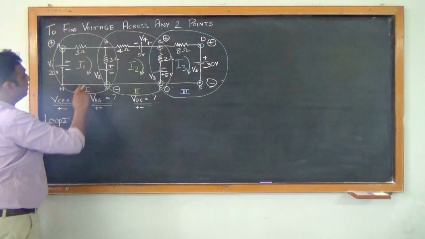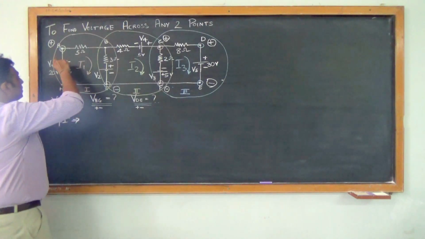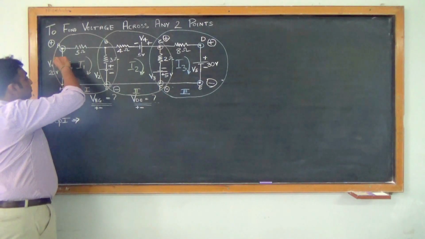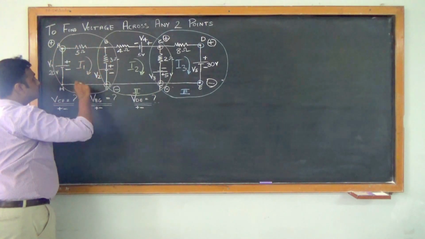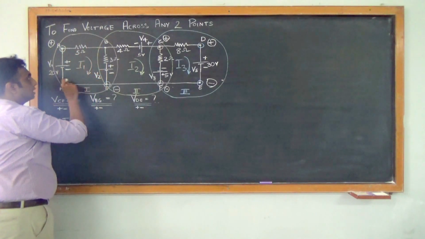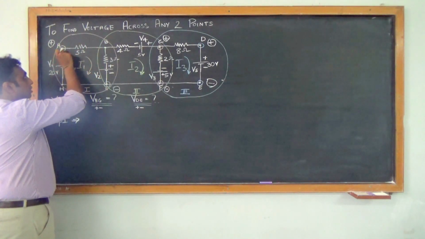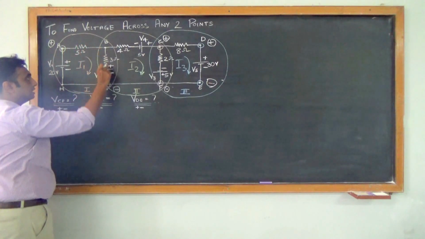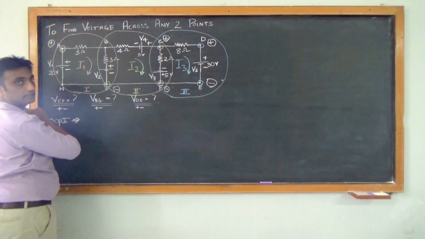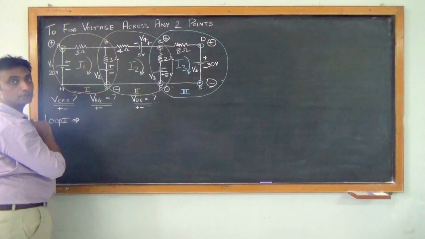I have V1, I have V2. Now V1, your current that is flowing from V1 will move from positive to negative. See the loop and see my finger. It's moving from positive to negative. So what direction is this? Clockwise. Clockwise is matching with this, so this is positive. So we have plus 20.